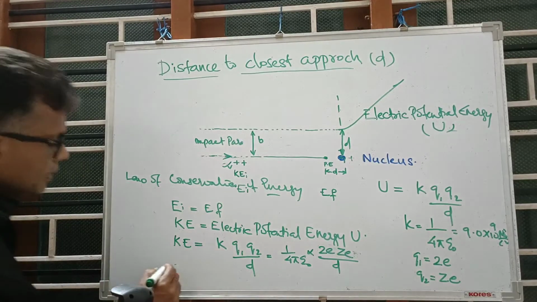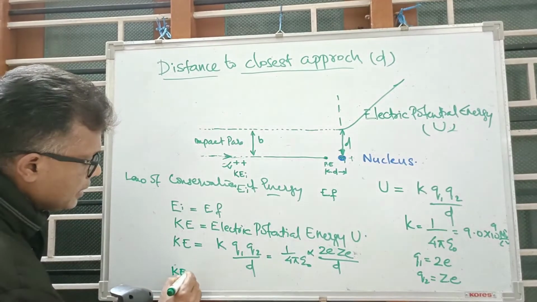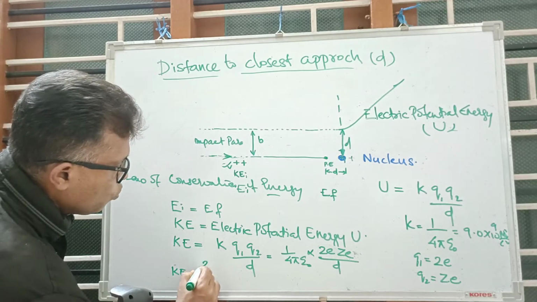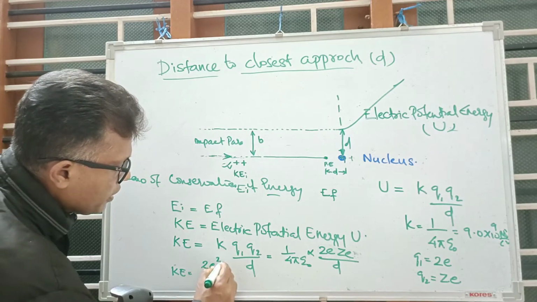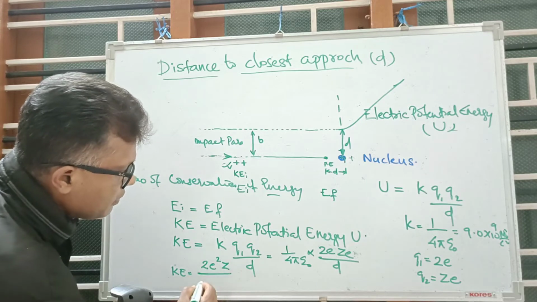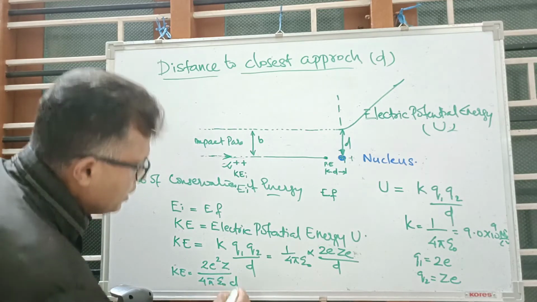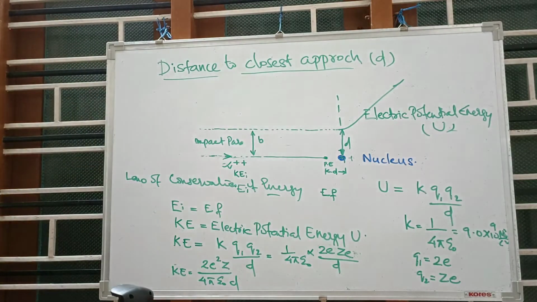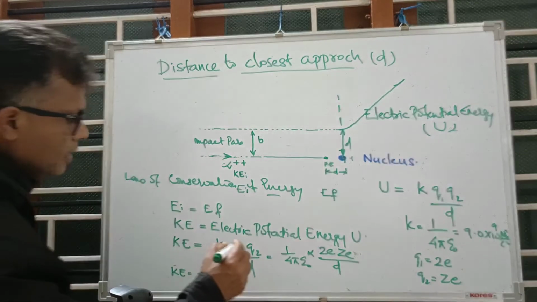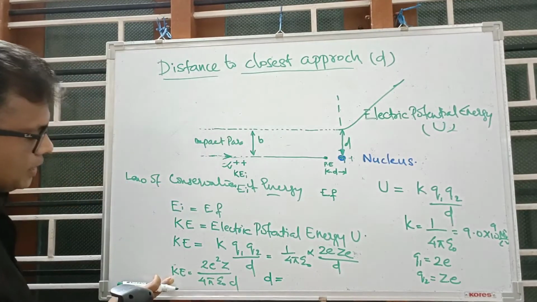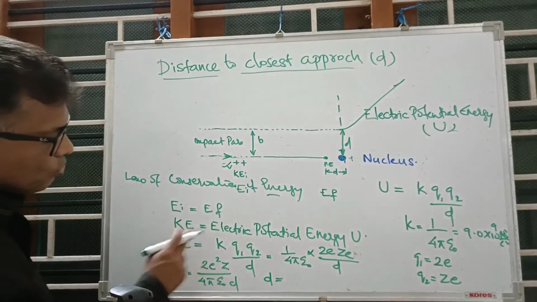We'll just write it. Kinetic energy is equal to 2 E square Z divided by 4 pi epsilon 0 D. Or we can say D will go down.